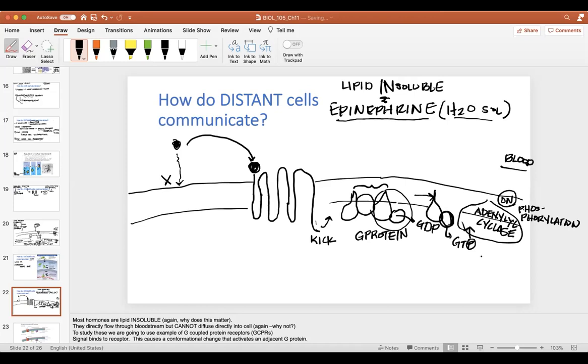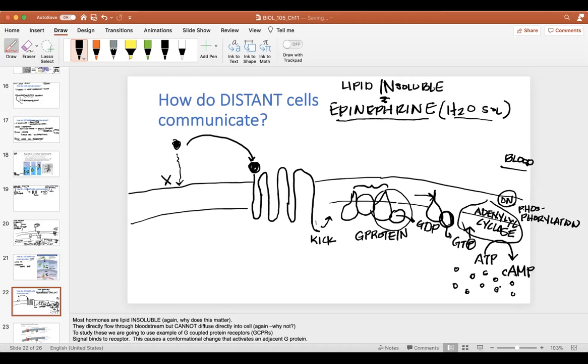It's going to take ATP from inside your cells, and it's going to convert it to a molecule called cyclic AMP. And it does this over and over and over again.